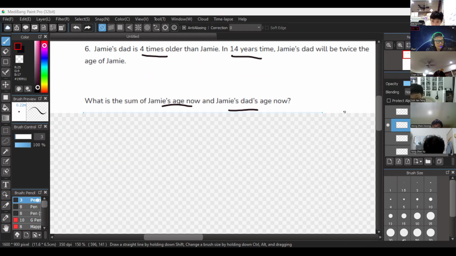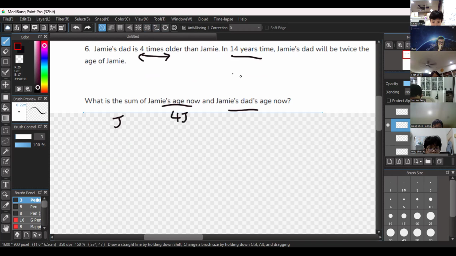Okay, last 10 seconds. Okay, so let's say Jamie's age is J, and since his dad is 4 times older, his dad will be 4J.